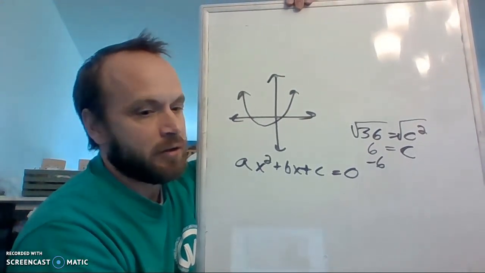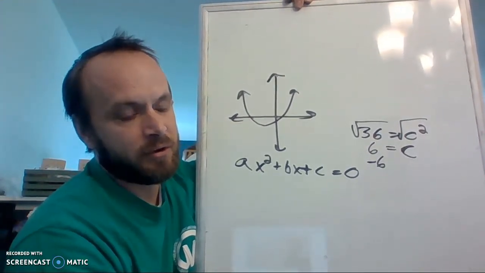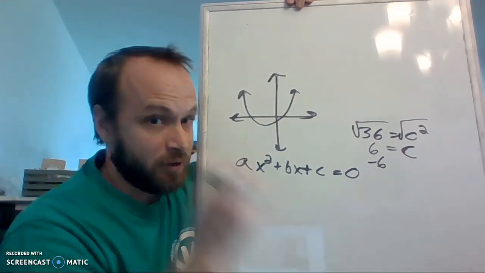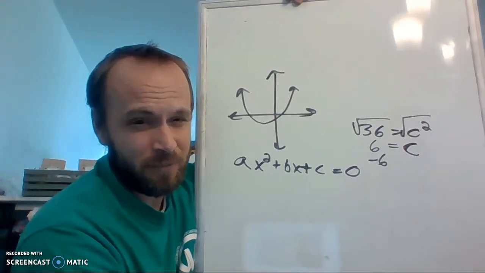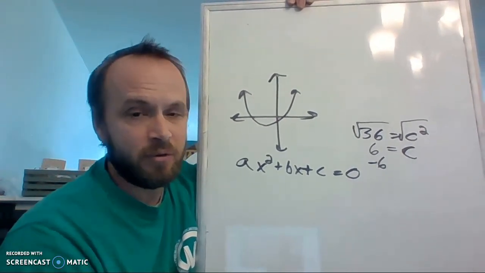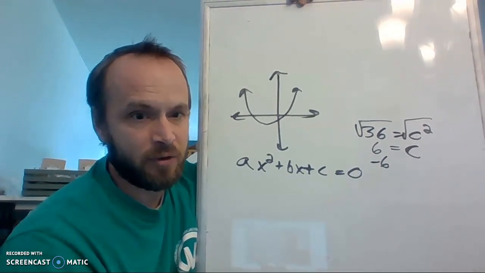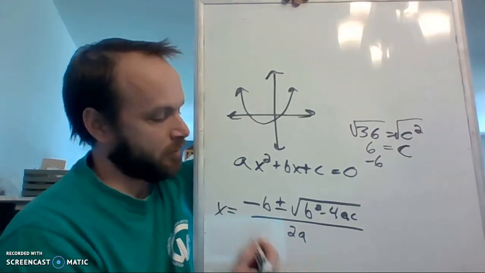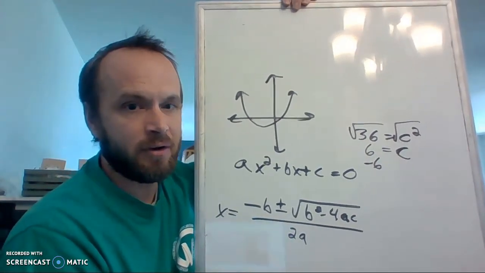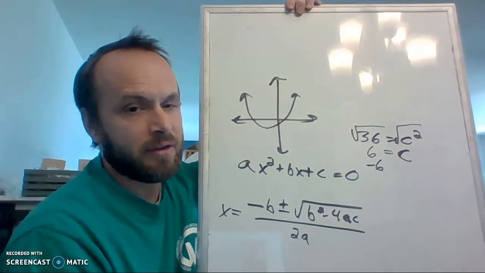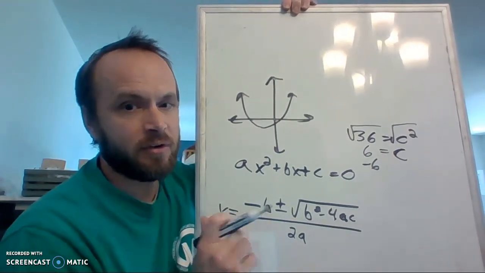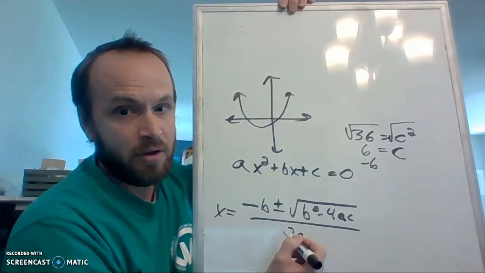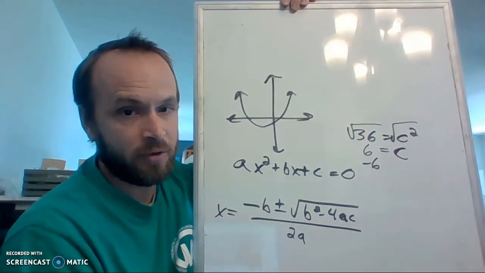They give you a couple different ways to go about solving these. The tried and trusty way is to use the quadratic formula. They do give that to you in the notes of the homework, but I'll give it to you right here as well. I just wrote it down here. It's a big old long, ugly looking, hairy formula. All you need to remember is you figure out what the A is, the B, and the C, and then you just plug them in and punch the numbers into your calculator using the order of operations.